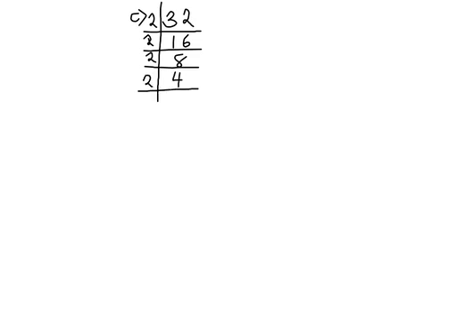By 2 we have 2. By 2 we have 1. So the prime factors of 32 are 2 multiplied by 2 multiplied by 2 multiplied by 2 and multiplied by 2, which can be written as 2 power 5 in power form.